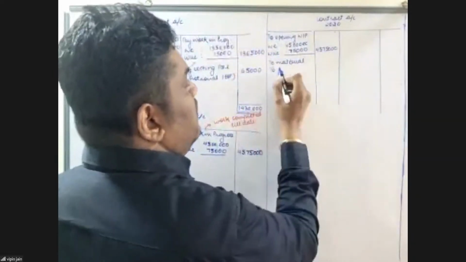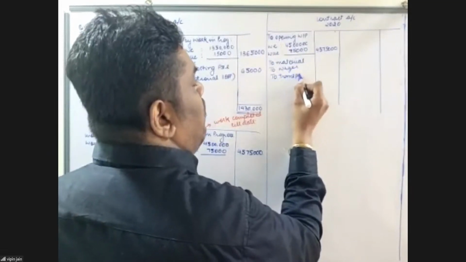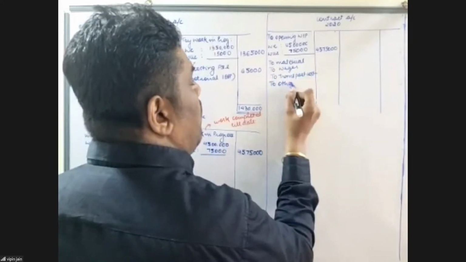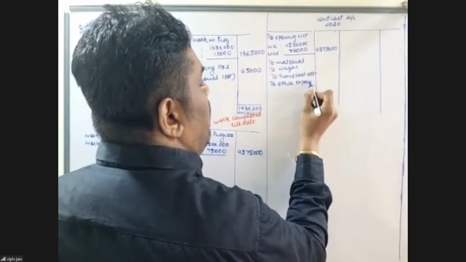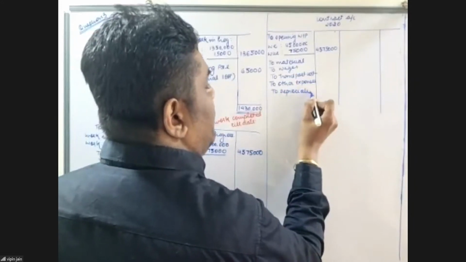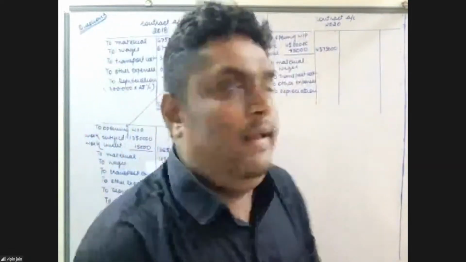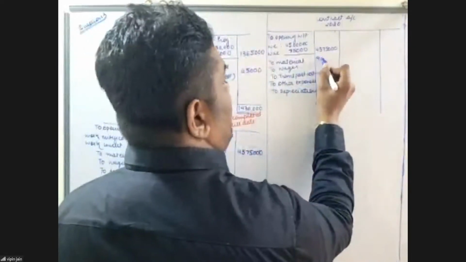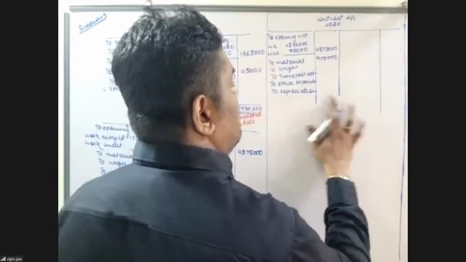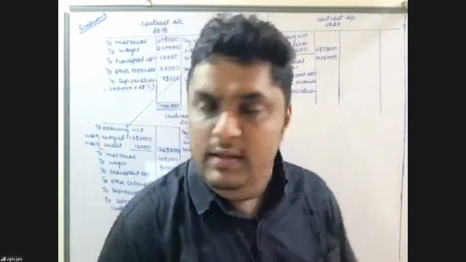So to material, to wages. The material cost is 9 lakh. The wages cost is 7 lakh 50,000.